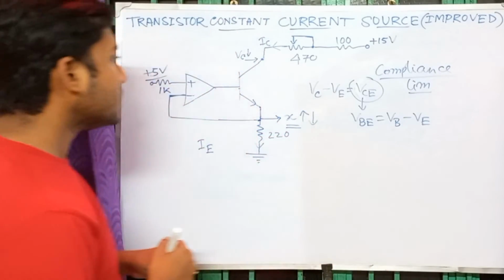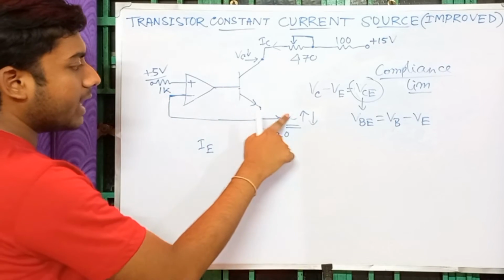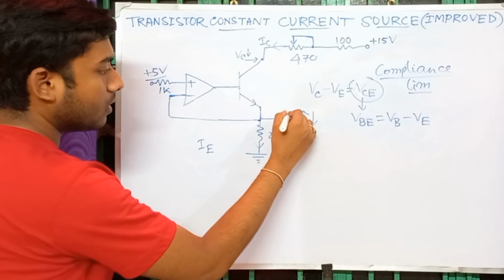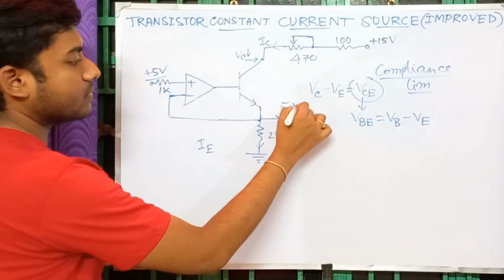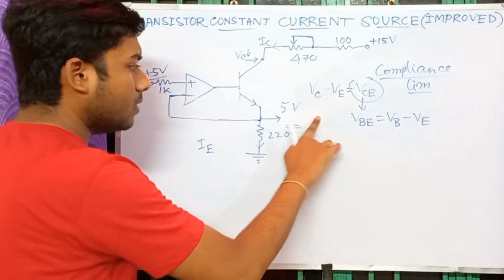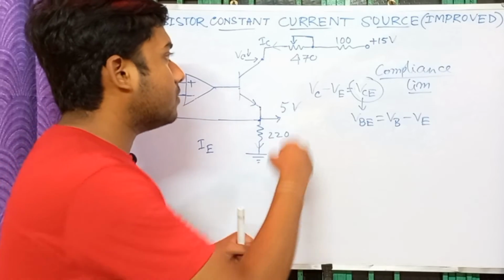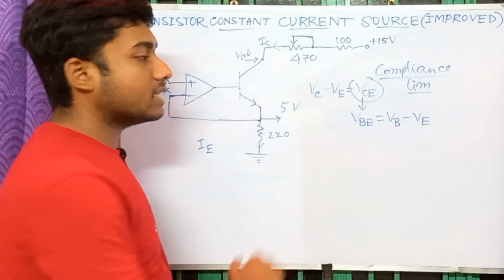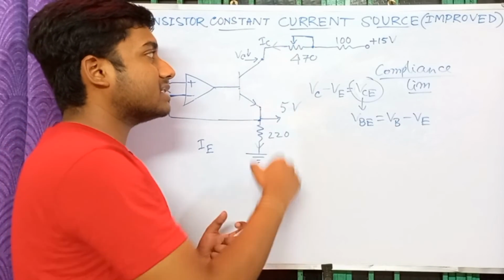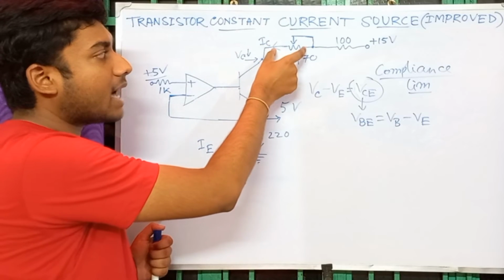Okay, so 5 volt will be reflected here and that will be reflected here, so X is nothing but our 5 volt, right? So X is 5 volt. Now if this voltage is fixed, you can easily understand that whenever in the compliance limit you increase this resistance, then VC will decrease to make this IC constant.